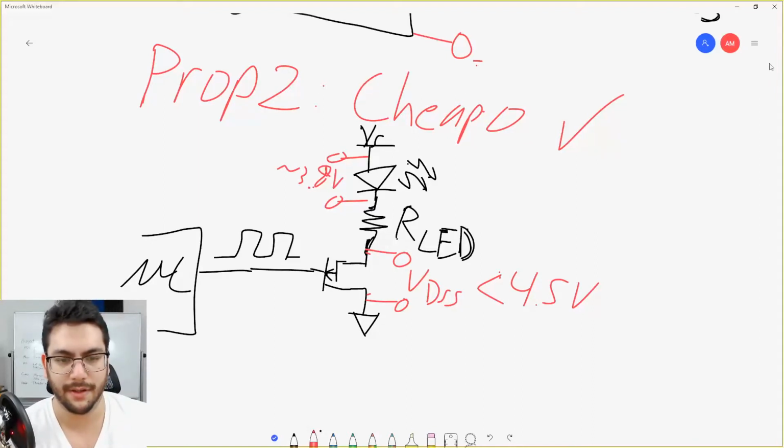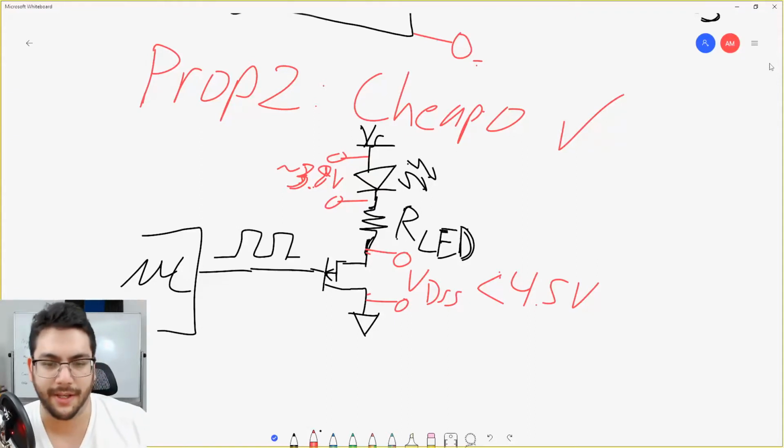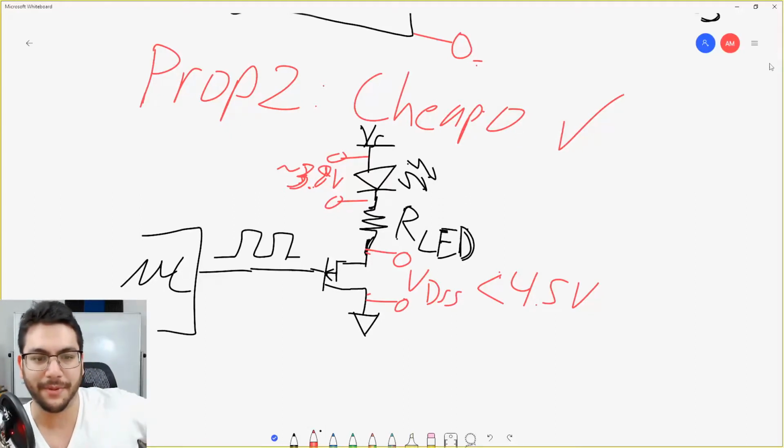I swear I'll get good at this. So you've got 3.8 volts across the LED, and you can have a maximum of 4.5 across the VDSS. Actually, we should be fine because most of the voltage drop is going to be at the LED, and then some over at the R LED.